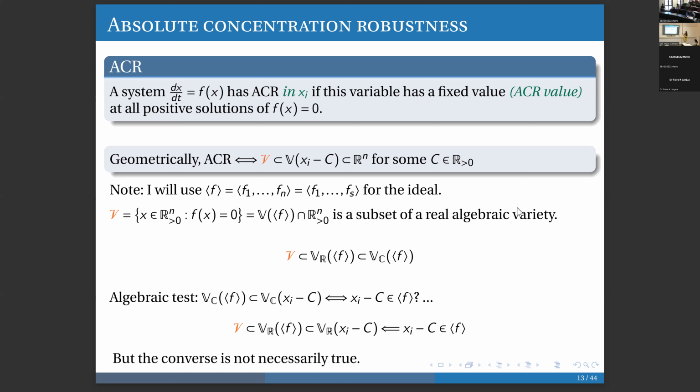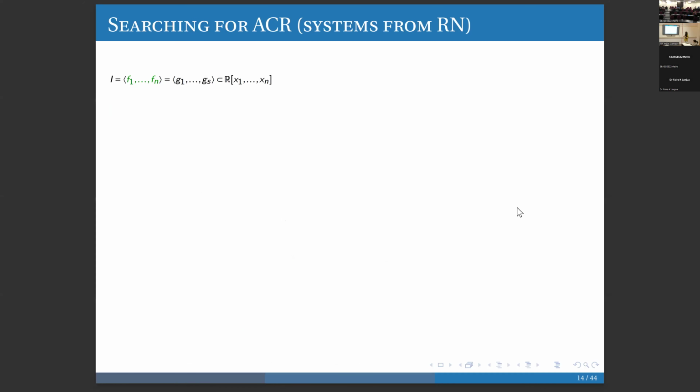I mean, I'm not saying how I do it. I don't know how to find a polynomial. If I look at the ideal and I happen to find a polynomial of this sort, if I can find a Gröbner basis, for instance, and it gives me back one polynomial like this, then I know that this happens, right? I think I have an example here. If we look at the ideal and there is such a polynomial, then we are lucky. We have found ACR.